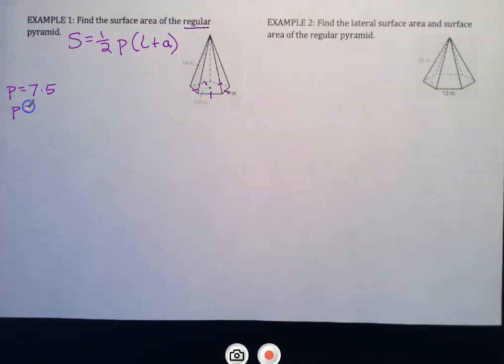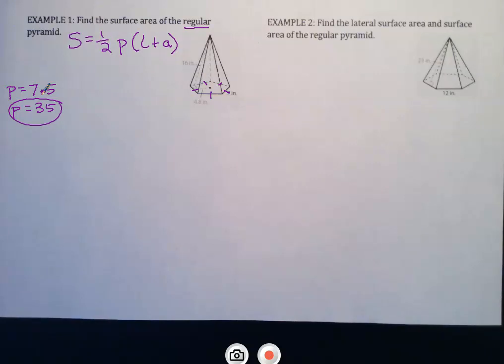So our perimeter equals 7 times 5, because the length is 7 and there's 5 of them. So 7 times 5. Good.